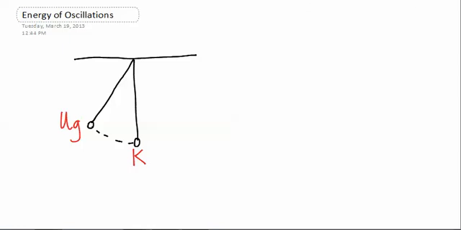Okay, so if we just look at the maximum displacement and the minimum displacement, and if we assume that there's very low friction in the system, how could we relate these two energies? They're equal to each other. And there's some special physicsy thing that tells us that they should be equal.